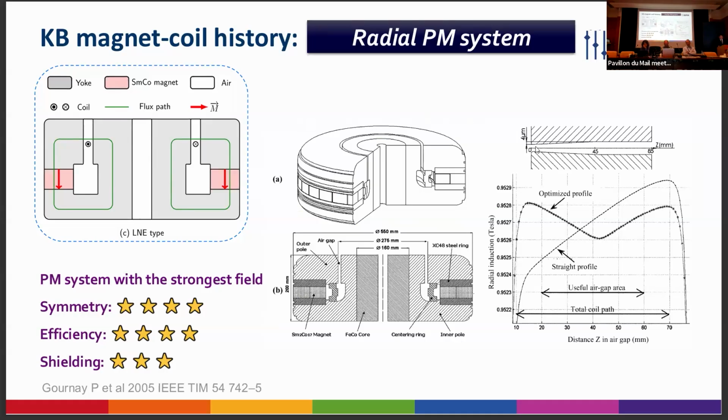But the LNE did a nice modification on their yoke and air gap width. Their top yoke is 4 micrometers narrower, so they can compensate this field gradient, and in the end they achieved a very nice symmetric field.